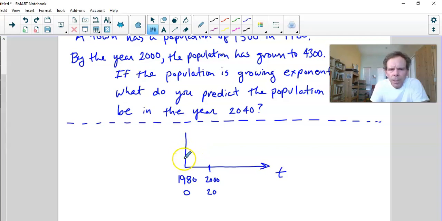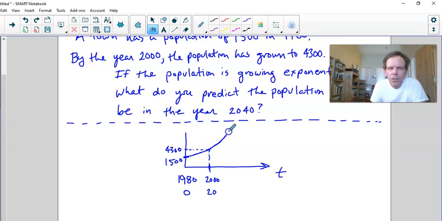Let's put our population numbers in. So it starts at 1,500 in 1980, and by the year 2000, it is 4,300. My drawing's not really to scale, but it'll illustrate what's going on.